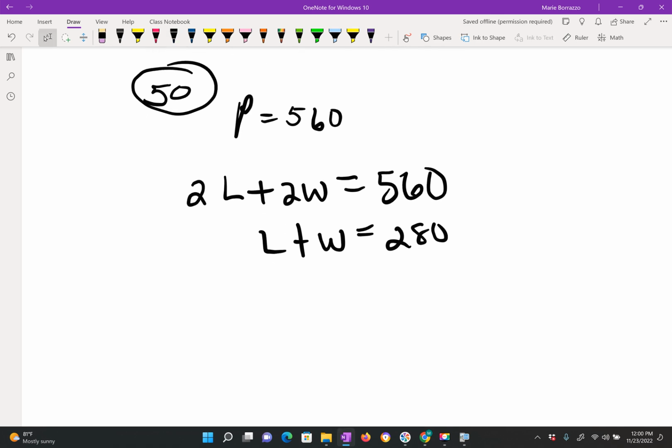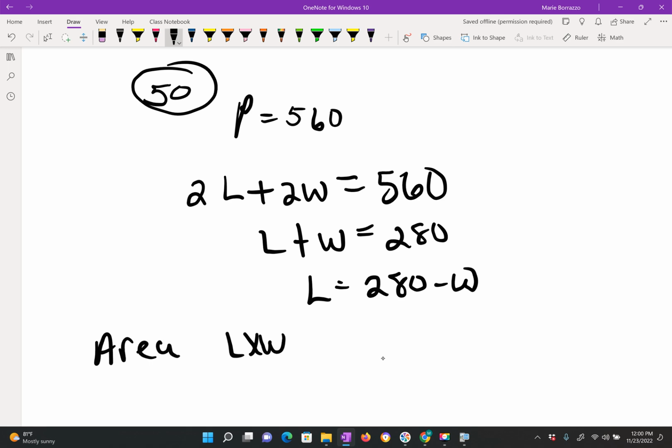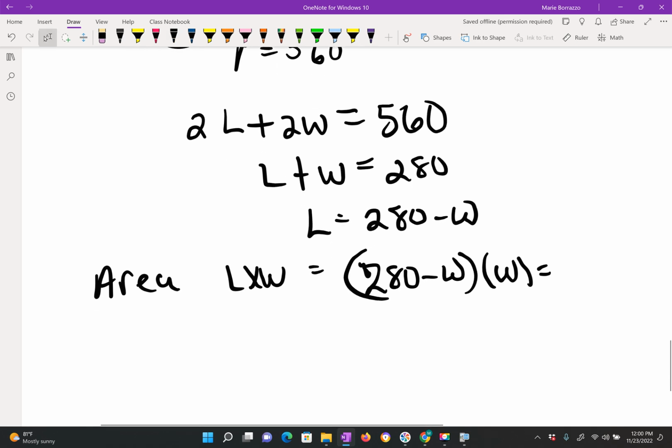And if that's the case, I can solve for length as 280 minus width. I know as far as the area is concerned that length times width is our area. So in this case, 280 minus W, which is our width or our length, times the width, should be 280W minus W squared.